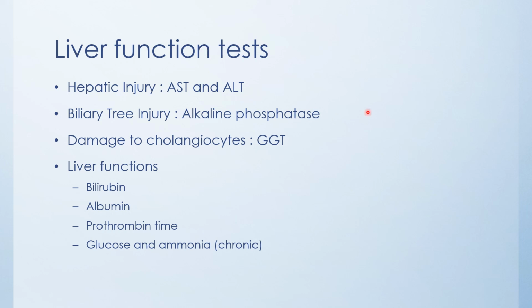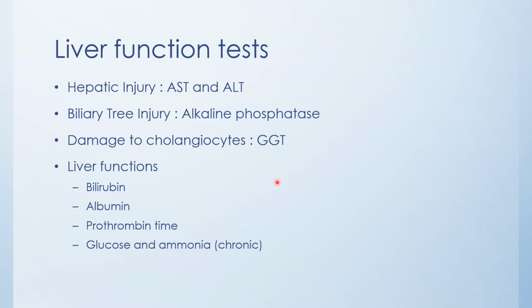These two are the tests you can request if you would like to assess levels of hepatic injury. For biliary tree injury, you can request alkaline phosphatase. For damage to the cholangiocytes, you can request GGT.